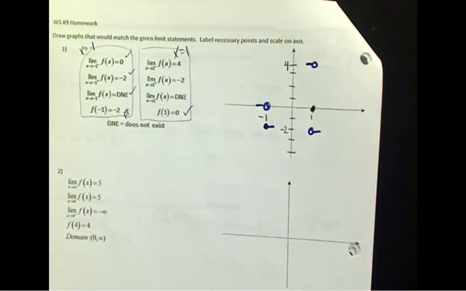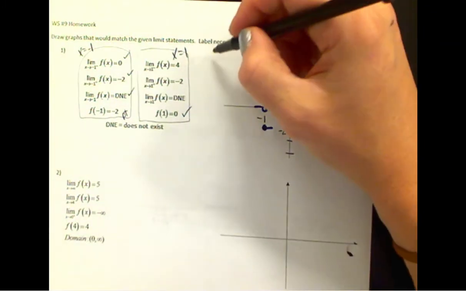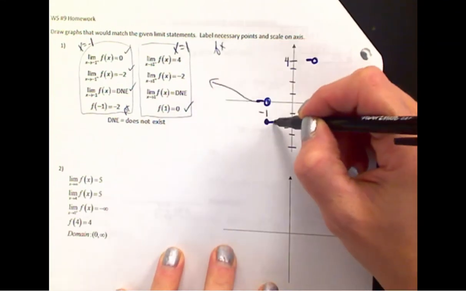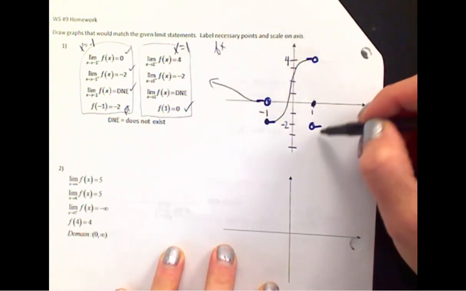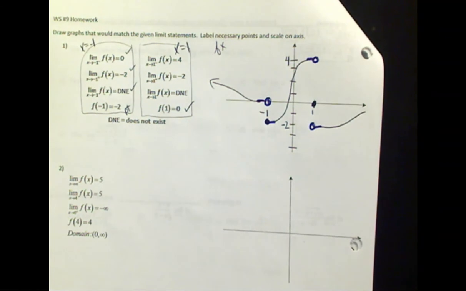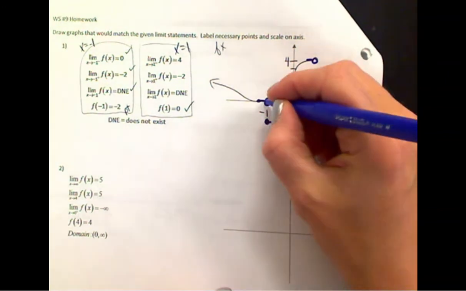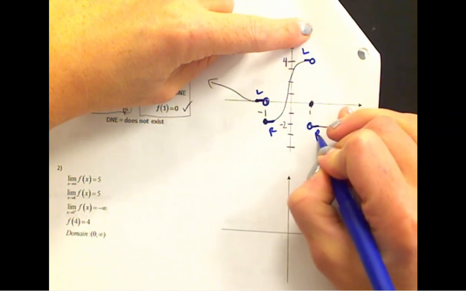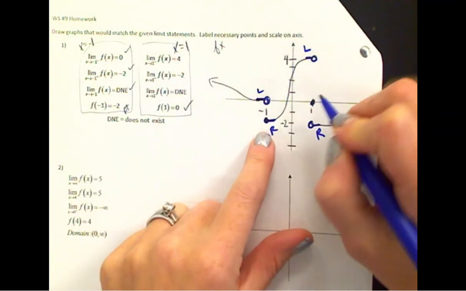Those are all the limit statements right there. My little tails, that's from the left side or the right side. Then you connect. But let's try to make it a function so it passes the vertical line test. Let's connect the dots. Generally, anything that looks like that, but the bold parts, that's the part that makes the limit statements true. Right? The little tail is for the left and for the right. And then you've got points.